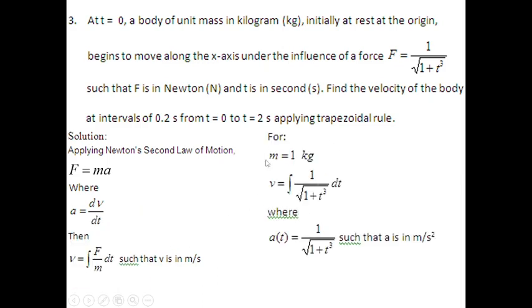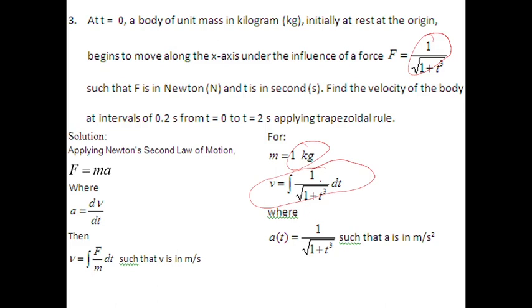So for mass equals 1 kilogram, this will be the equation. F is 1 over the square root of 1 plus t cubed. Dividing it by 1 kilogram, we get this. So v equals the integral of 1 over the square root of 1 plus t cubed dt.